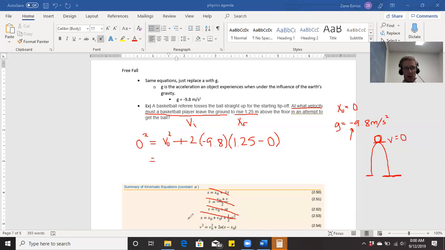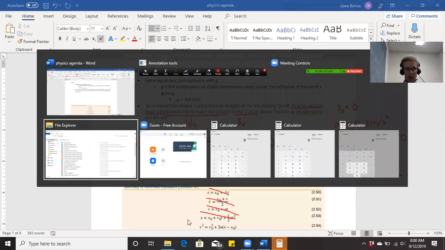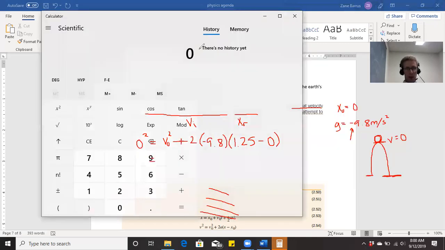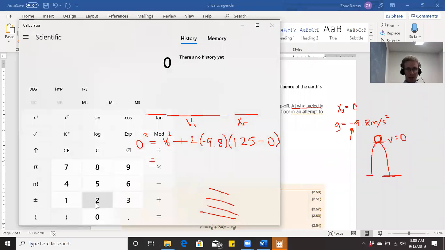Okay, so let me pull up the calculator. Okay, so you can see I've got my writing over my calculator, so we can see a little bit better. I'm going to take 2, I'm going to times it by 9.8.